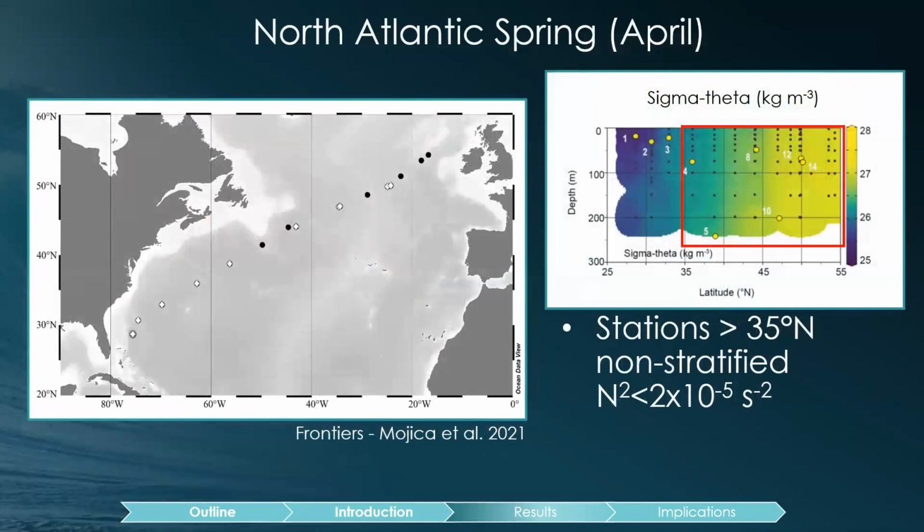Now I want to go into results of a more recent cruise in the North Atlantic that took place in the spring of 2018. Again, a series of modified dilution experiments were performed, this time along a diagonal transect.